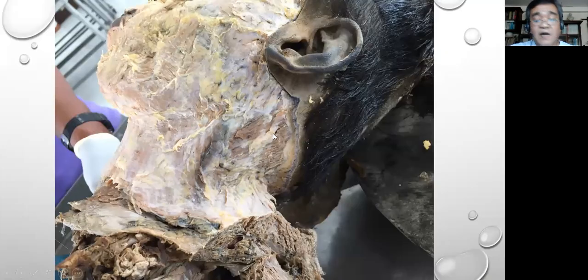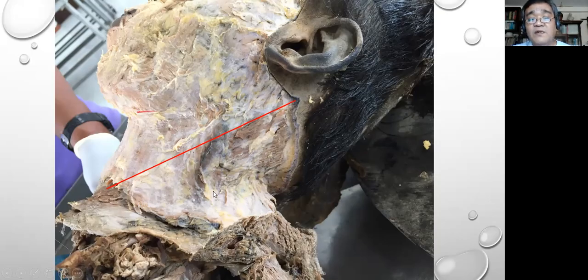So this is a photograph of a cadaver specimen. This is your sternocleidomastoid muscle here. Traversing the sternocleidomastoid muscle is your external jugular vein. This is your platysma muscle, still covered by your superficial fascia.